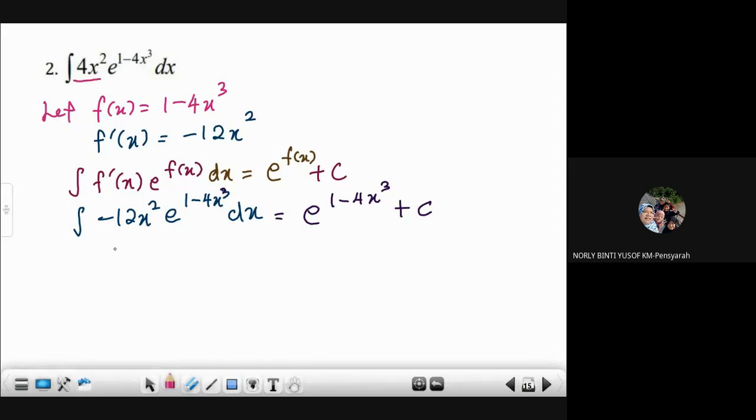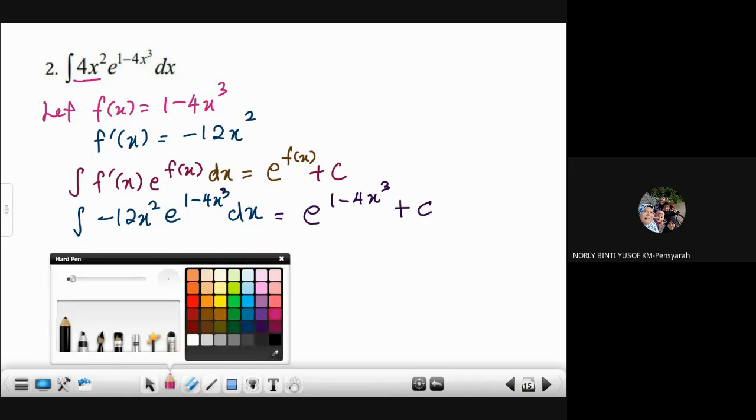Sedangkan yang you dapat daripada derivative you adalah negative 12x squared. So soalan adalah 4 kan. So you kena turun lah, kena hapuskan lah kan. Nak dapat 4 maksudnya kena bahagilah kan. Lepas tu nak dapat positif kena darab lah dengan negatif kan. So 12 nak pergi 4 kena bahagi dengan 3 ataupun darab dengan 1/3 with the negative lah.